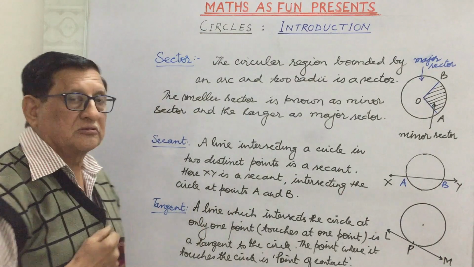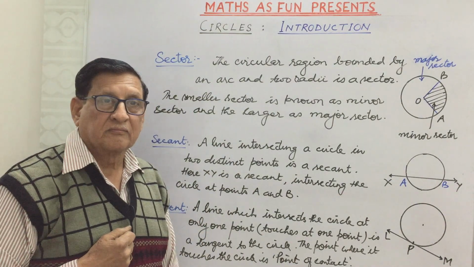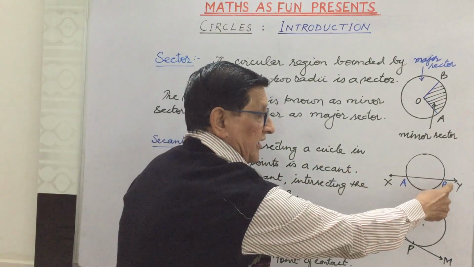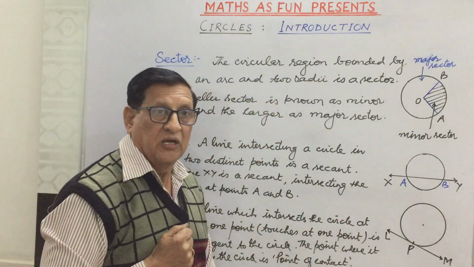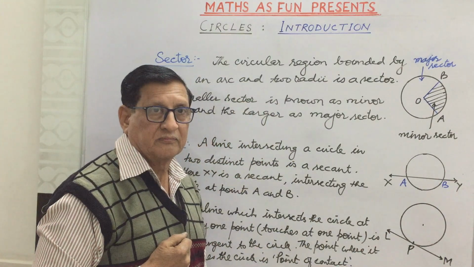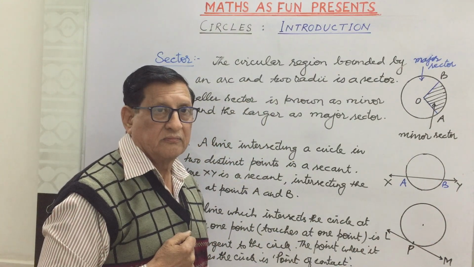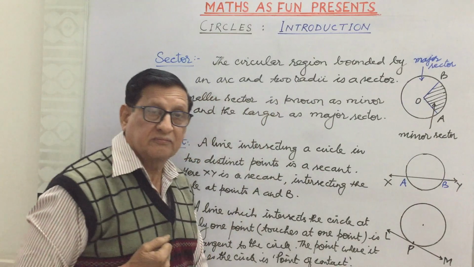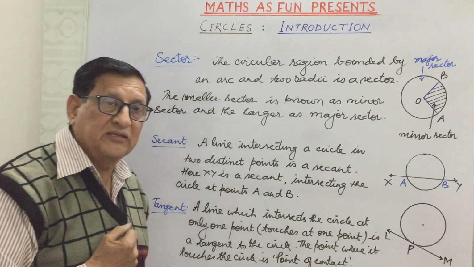Next is tangent. A secant intersects at 2 points. If it intersects only at 1 point, then it is a tangent. So what can we say about the tangent?